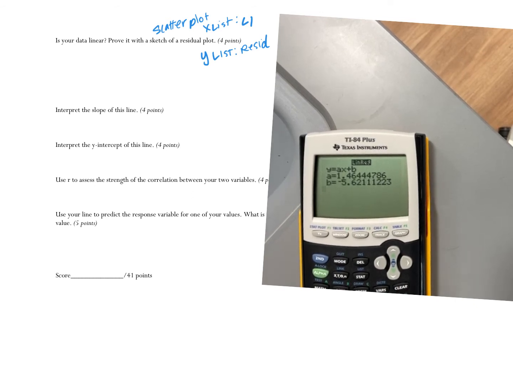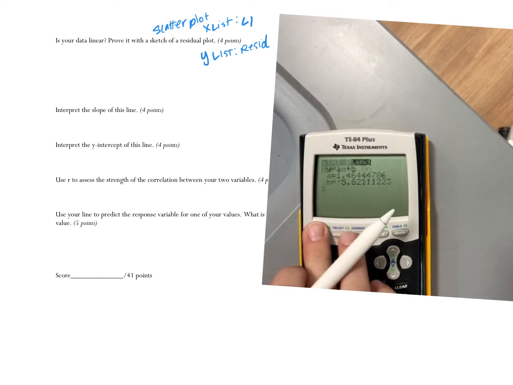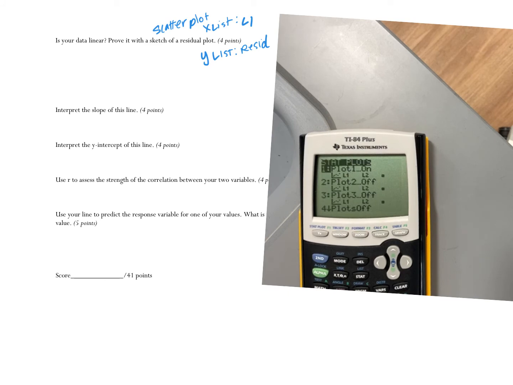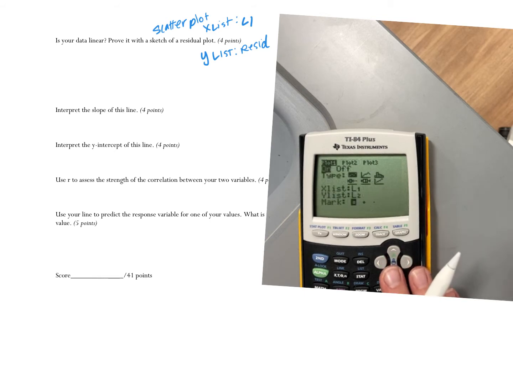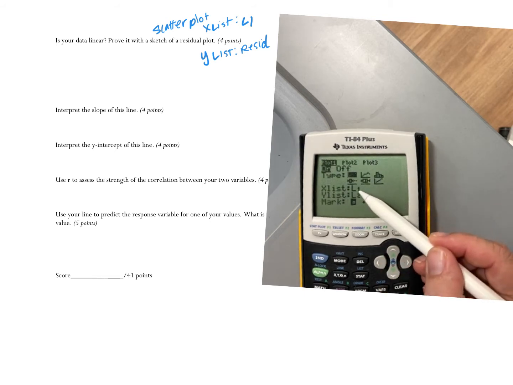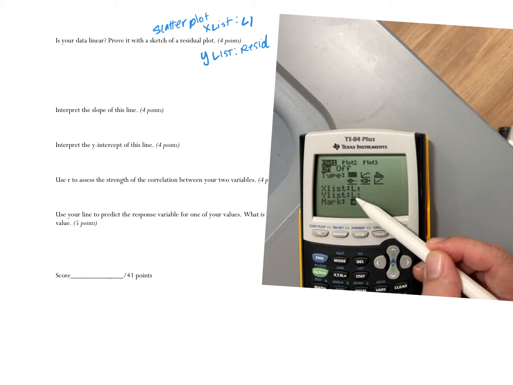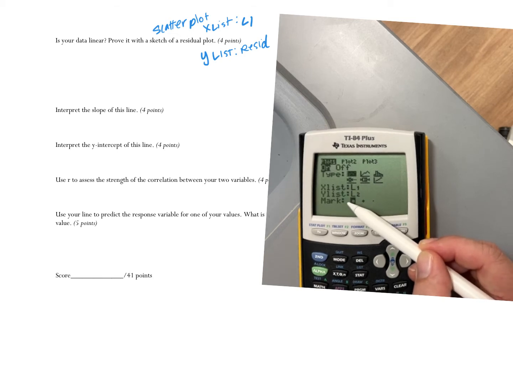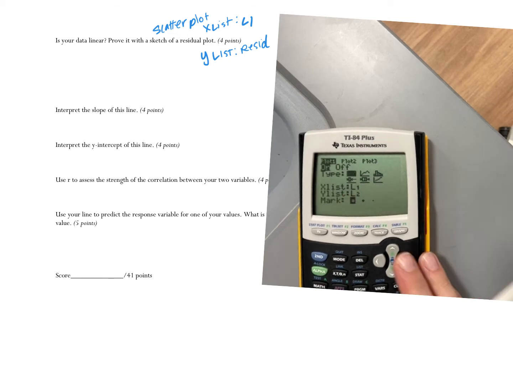To bring up the scatter plot, you are going to hit second y equals, because that's where we do all of our statistical graphs. Second y equals. You can see my X list is already set at L1, so all I have to do is change this Y list to the residual. So go all the way down to that Y list.